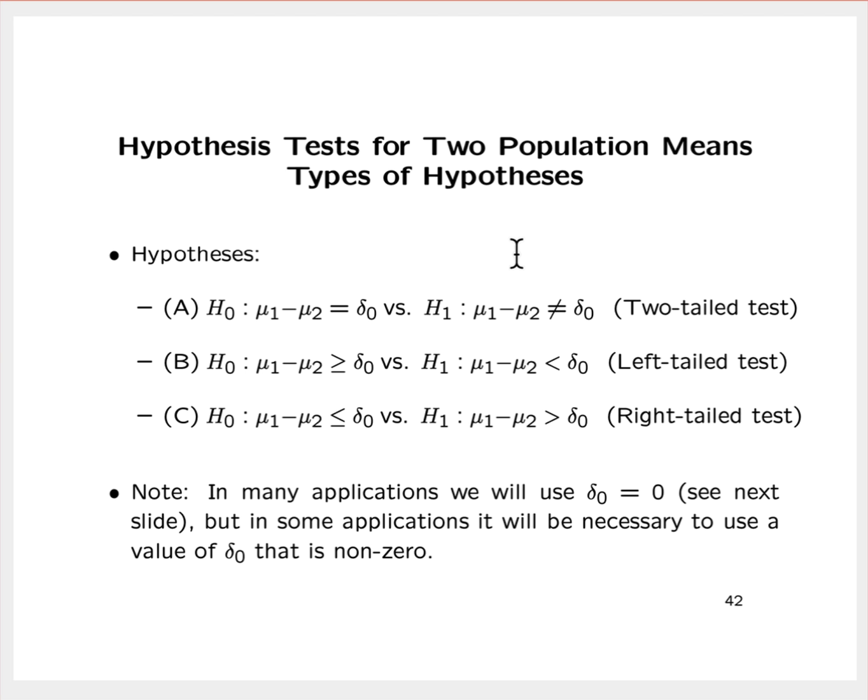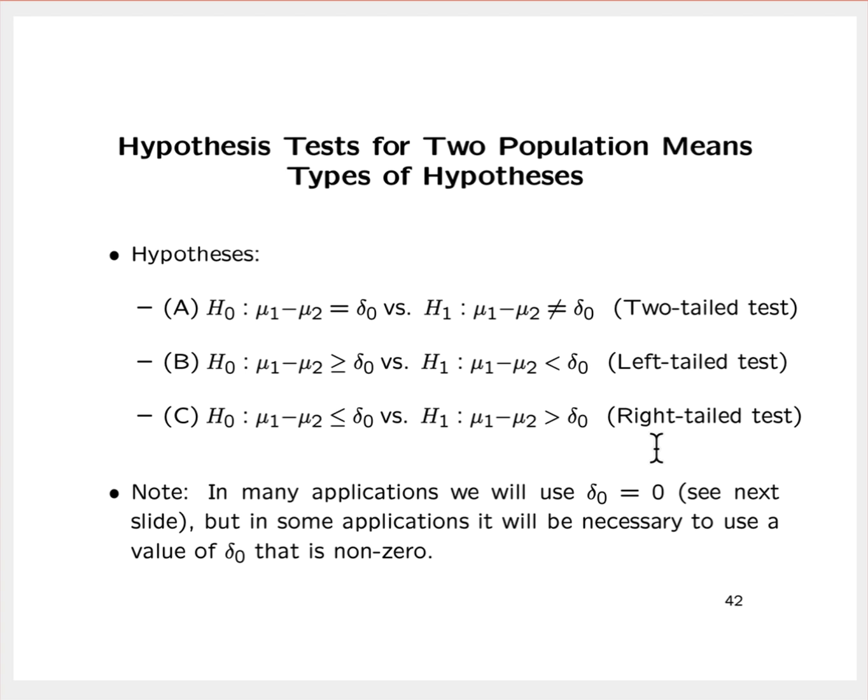The left-tailed test has a null hypothesis that says that the difference between the population means, mu1 minus mu2, is greater than or equal to, it's at least, delta 0, this hypothesized difference, against the alternative hypothesis that the difference is less than delta 0.